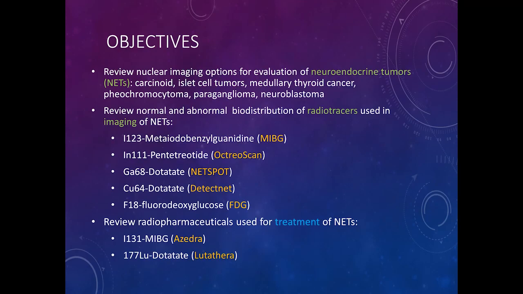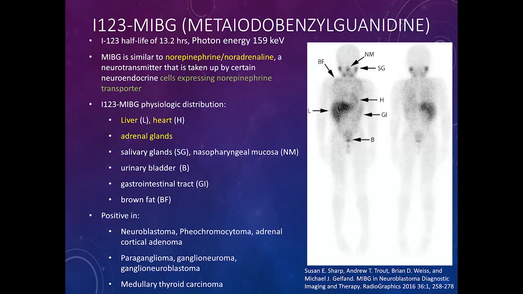We will also touch on radiotracers used for treatment of neuroendocrine tumors. There are two main radiotracers approved by the FDA: I-131 labeled MIBG, otherwise known as Azedra, and lutetium-177 labeled DOTATATE, which you would know by the name Lutathera.